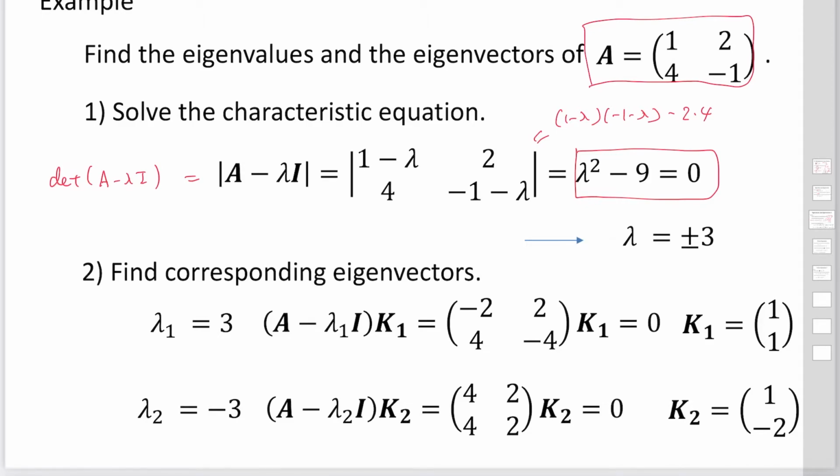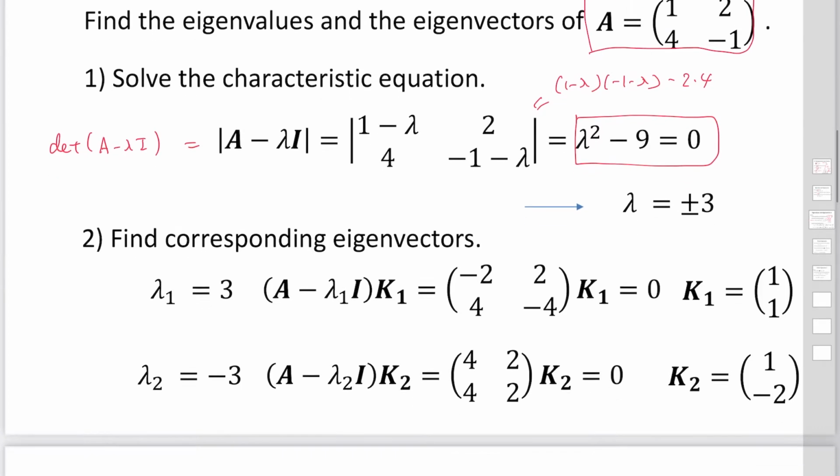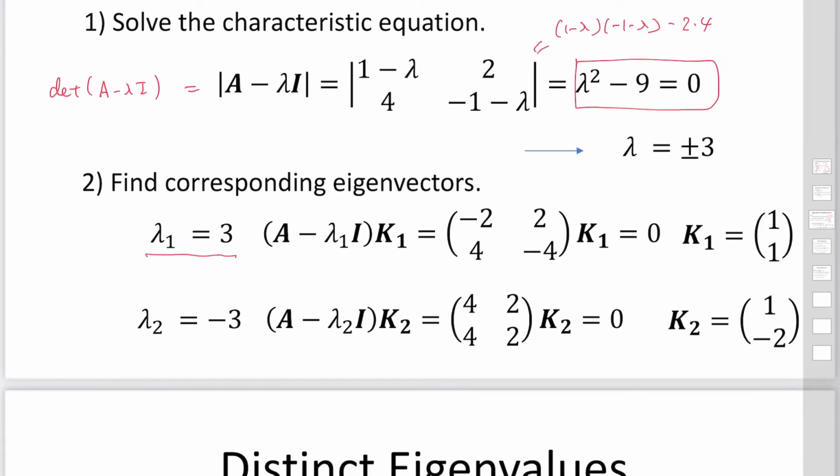In the second step, we need to find the corresponding eigenvectors. For lambda equals 3, you can substitute lambda equals 3 into these equations. Then it becomes the matrix minus 2, 2, 4, minus 4 times the vector k sub 1 equals 0. To satisfy this equation, you can choose k sub 1 equal to 1, 1.